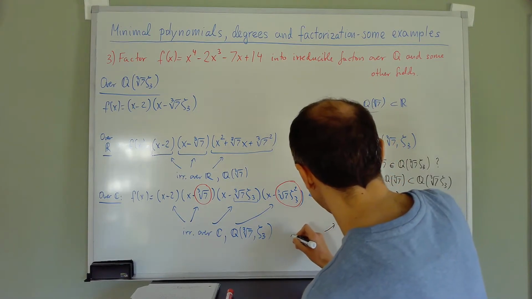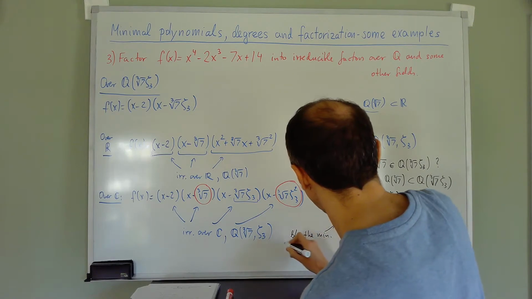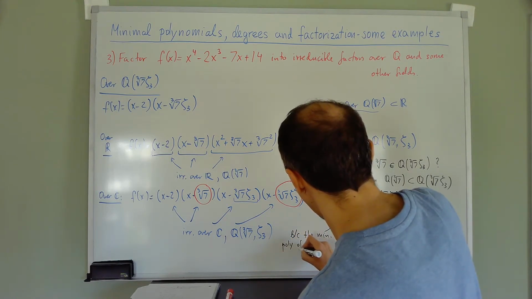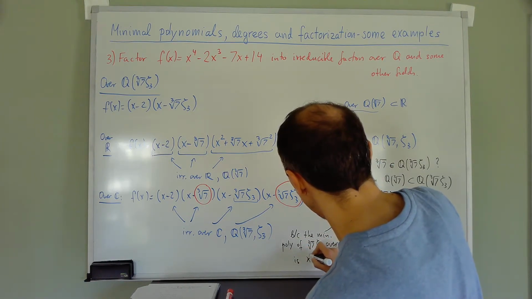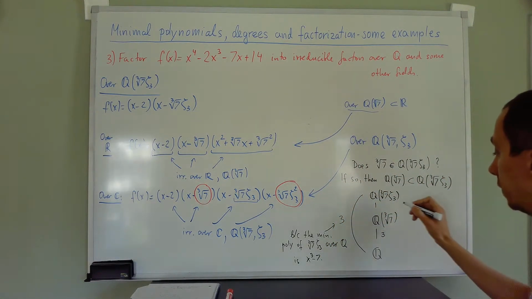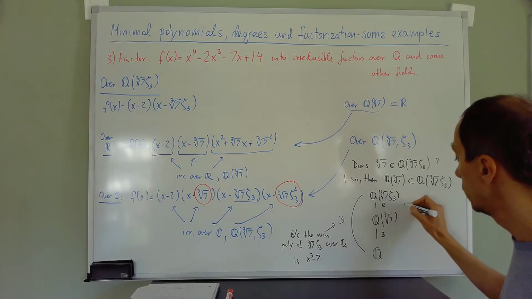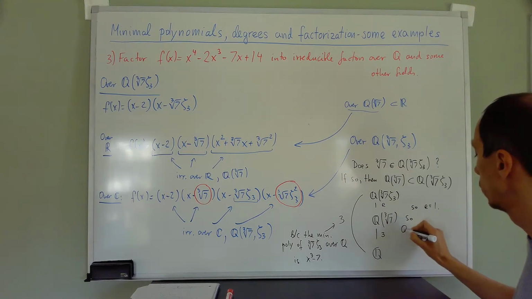I already know that. So this is also 3. So because the minimal polynomial of cube root of 7 zeta 3 over Q is x cubed minus 7, this is also 3. Oh, if that's also 3, then this E has to be 1. So these two fields are equal.